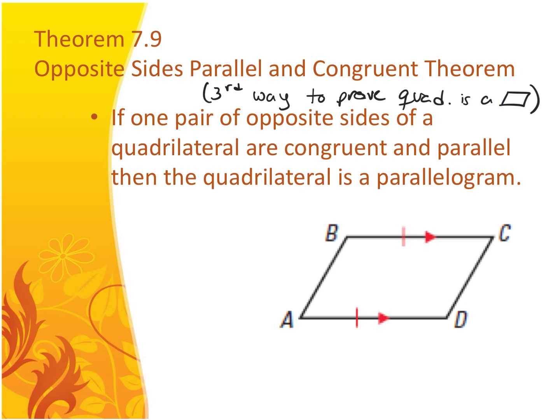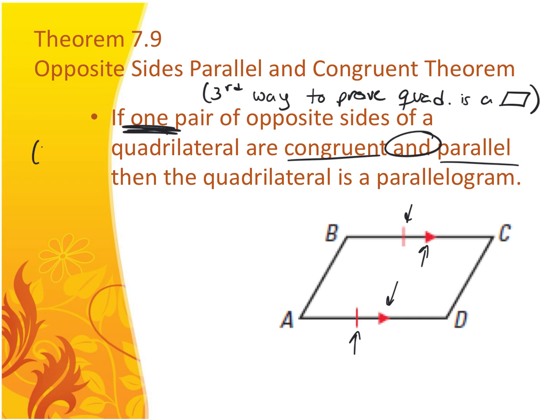This states that if one pair of opposite sides of a quadrilateral are congruent and parallel, then the quadrilateral is a parallelogram. The keywords are congruent, parallel, and the word and. Keep in mind, this is for one pair. So they have to be congruent and they have to be parallel. If they are not parallel and they are not congruent, and it has to be the same side, then this is not a parallelogram. You can't prove it based on this theorem.